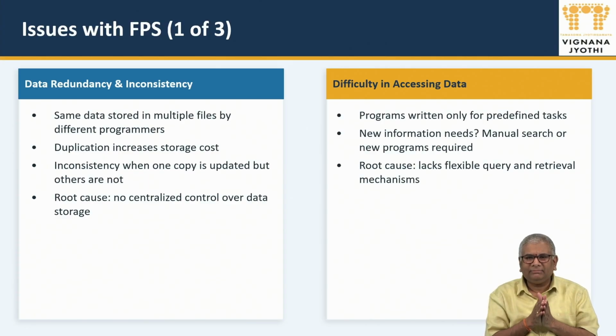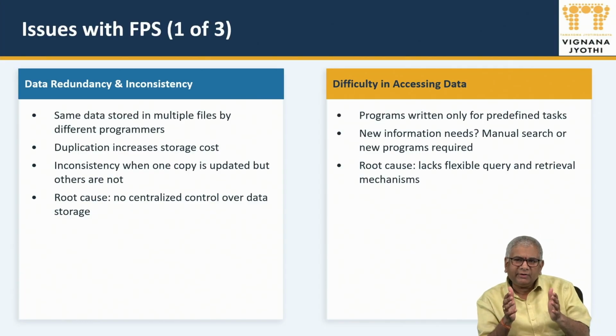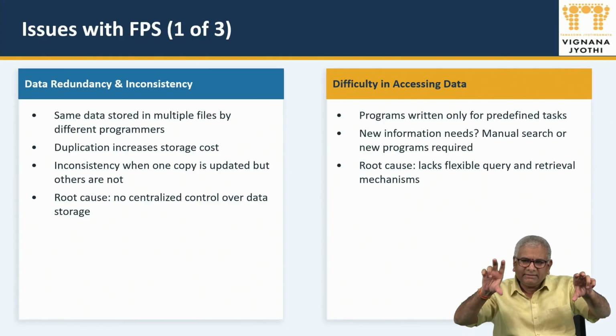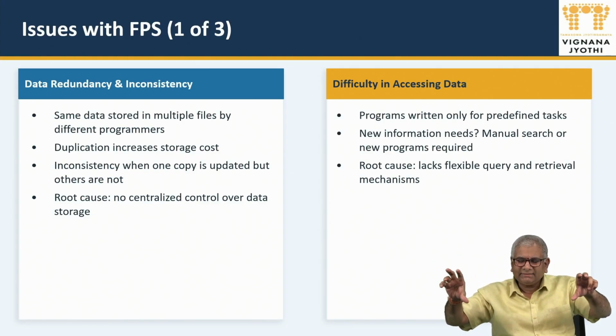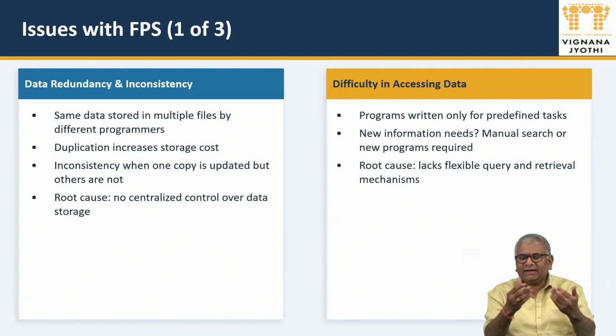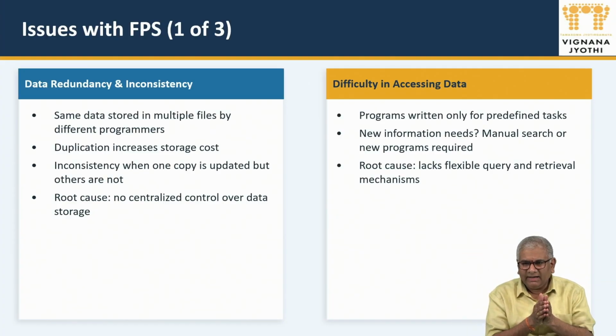This difficulty in accessing data is happening because there is no standard way of querying or retrieving the data. What we are doing is saying, from this piece of information, I want this and this as conditions, and give me the data. For example, take student data in a text file, right?